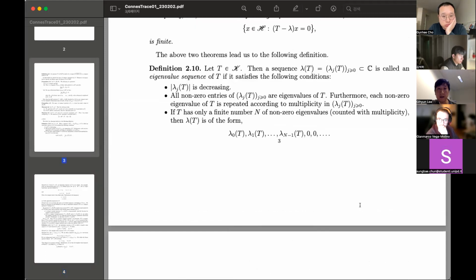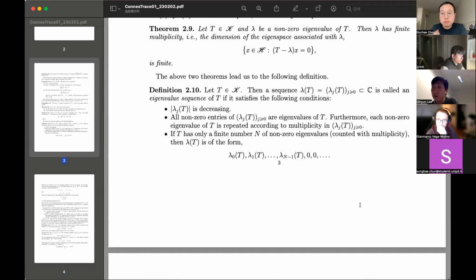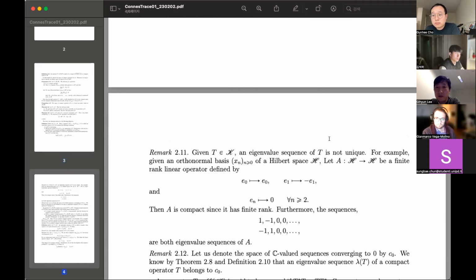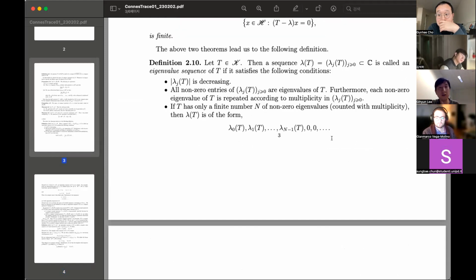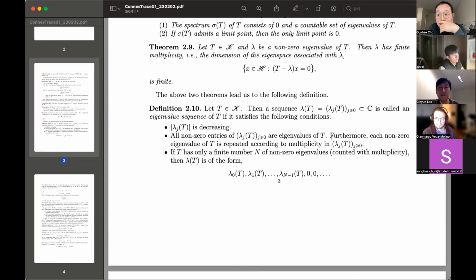One should be aware that whenever one uses the notion of the eigenvalue sequence of a compact operator, I use the indefinite article here because the eigenvalue sequence of T is not unique: if one rearranges the eigenvalue sequence, one can still obtain an eigenvalue sequence satisfying all the same conditions.